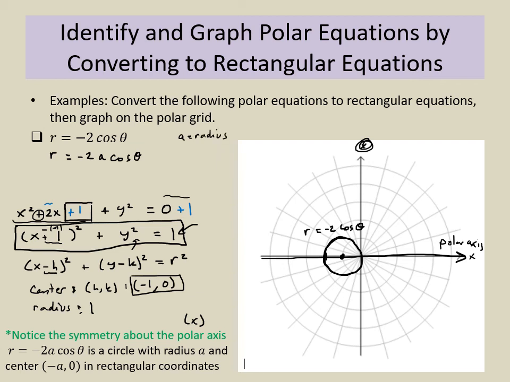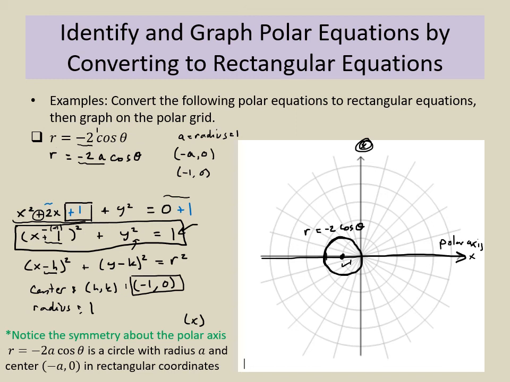So right here we have negative 2. The radius is negative 2 times a, so that means a in this case equals 1, which we've seen is true. The radius is 1. And also this has a center at negative a, comma 0, which we've also seen here. The center is negative 1, comma 0.